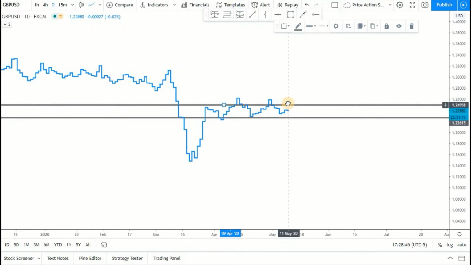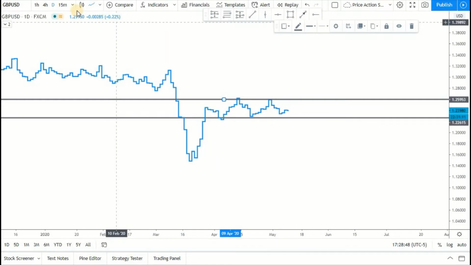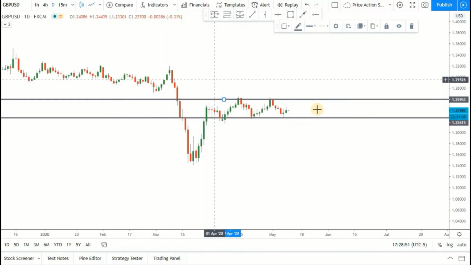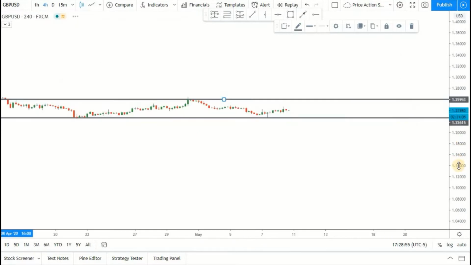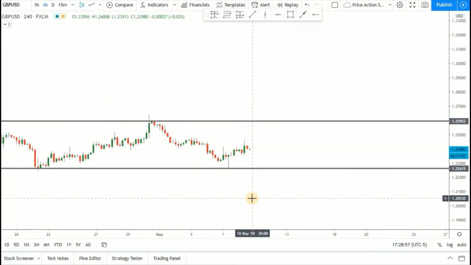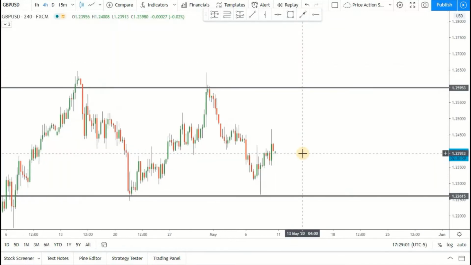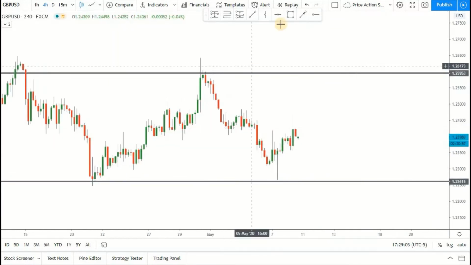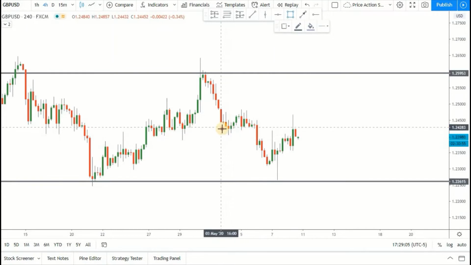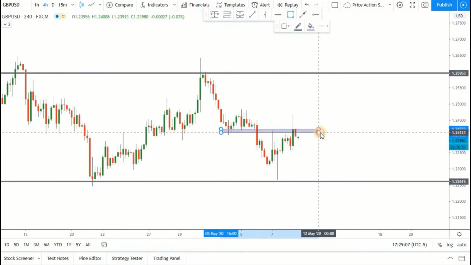I see most of these pairs actually in a zone. They're ranging right now. Go to the 4-hour chart, see what's going on. On the 4-hour, we could see that price is testing this level right here, right now.